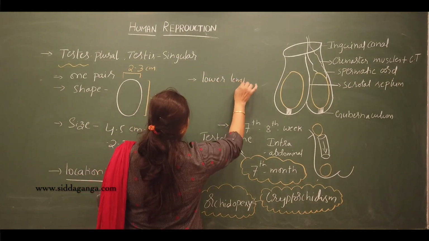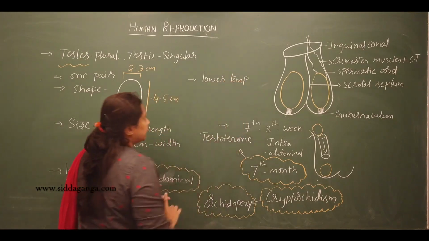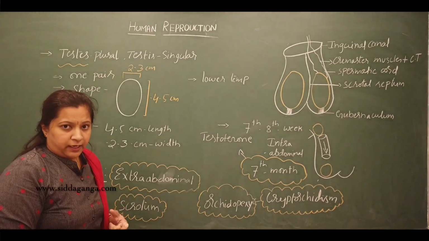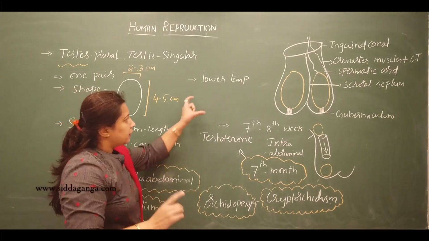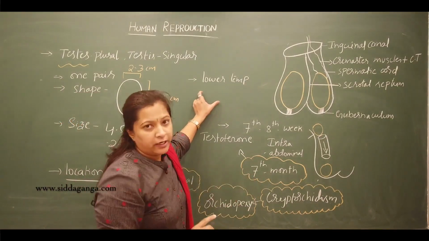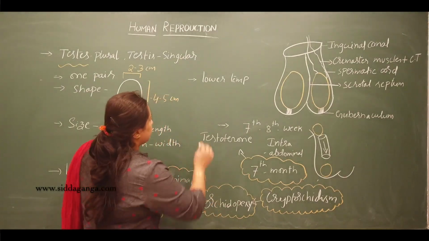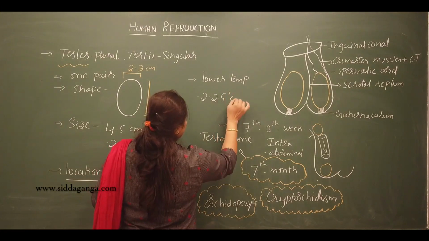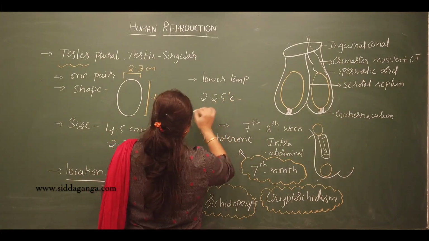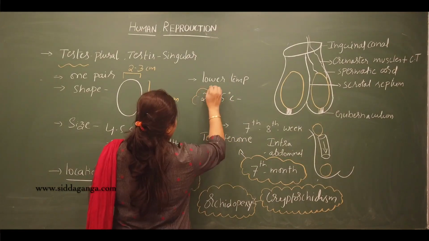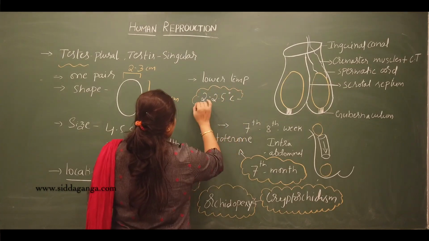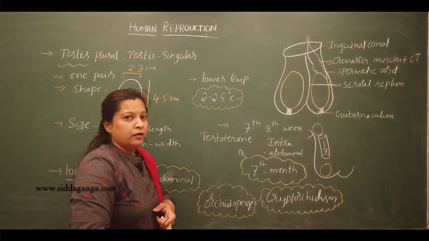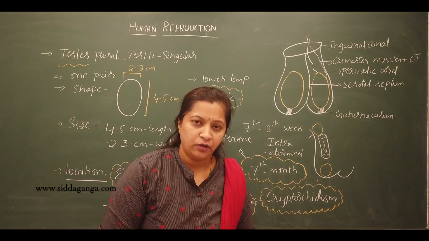A lower temperature of the testis is necessary. It requires nearly 2 to 2.5 degrees Celsius lower than the body temperature. This is the temperature ideal for the normal production of sperms.